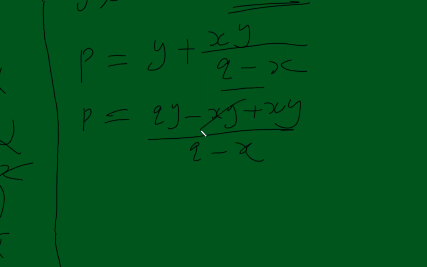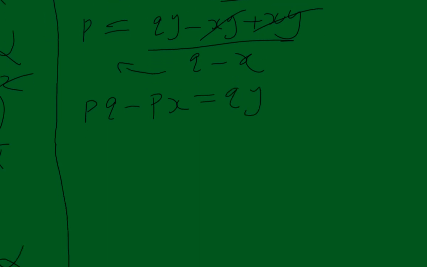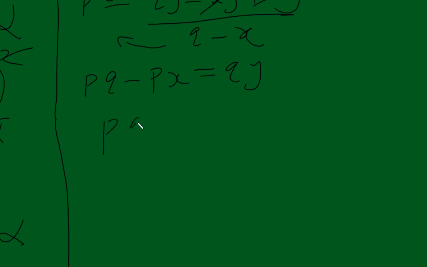This xy can be cancelled, so multiplying this value into this, we get pq minus px is equal to qy. For a little more simplification, pq is equal to px plus qy. This is the partial differential equation that we will get.